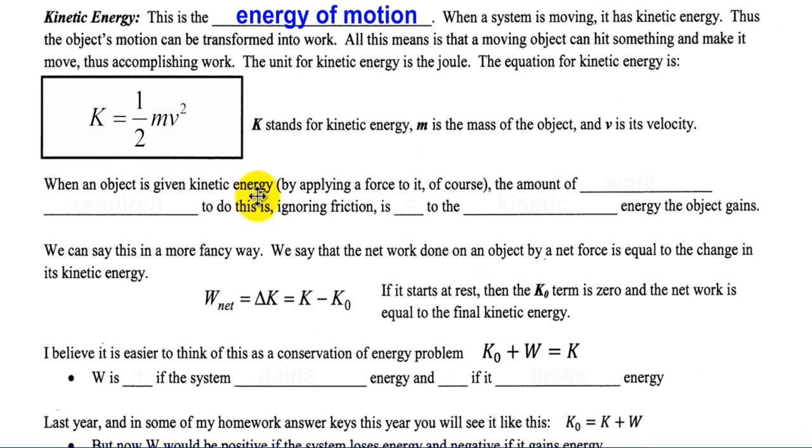So when an object is given kinetic energy by applying a force to it, you're going to do work on it to give it kinetic energy. The amount of work required to do this, ignoring friction, is equal to the kinetic energy. So an object sitting there has no energy. If there's no friction and you apply a force over, let's say, a meter, and that causes it to accelerate, right?